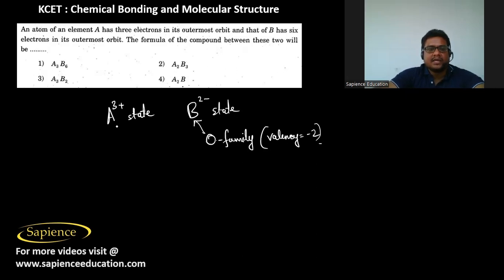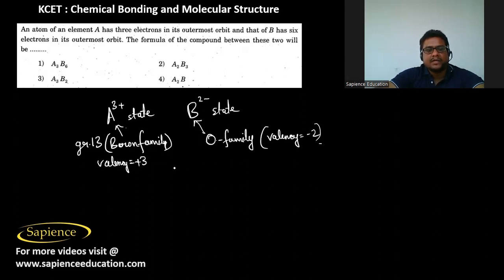And for element A, it has got 3 electrons in its outermost orbit. It means that it is in group number 13, or I can say it is in the boron family. So its valency will be +3, or its oxidation state will be +3.